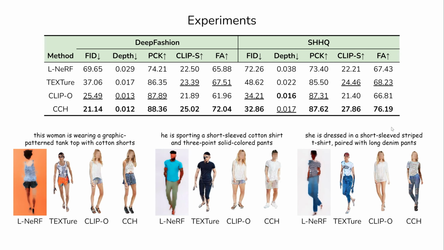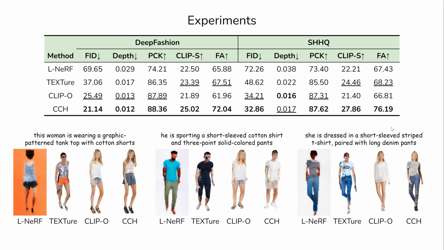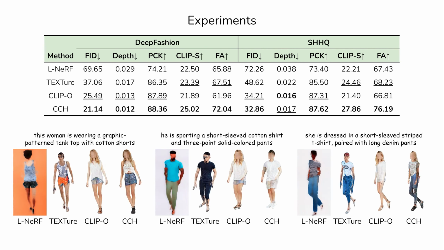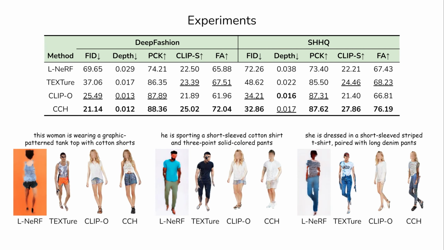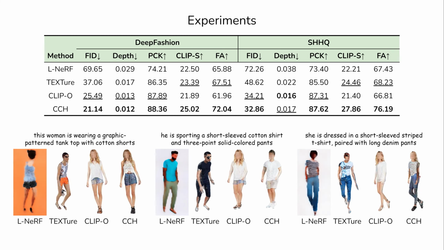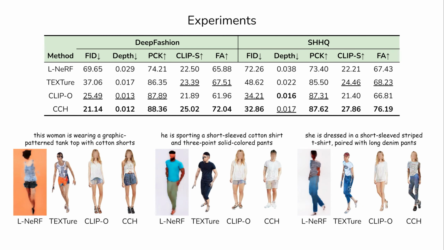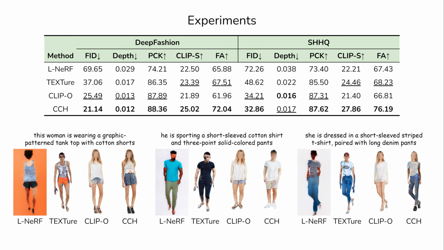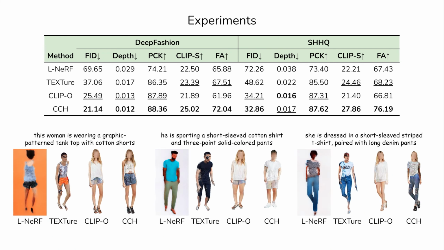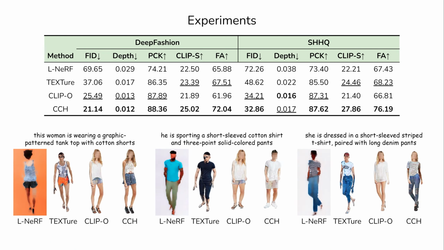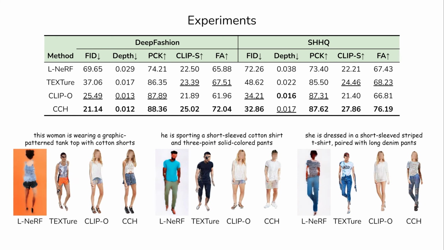From the quantitative results, we can find that CLIP optimization is using a pre-trained EVA3D, so it can have a good 3D quality. But because the alignment from the CLIP is not explicit enough, the alignment to the fashion descriptions is not good. Even TEXTure can perform better than them.